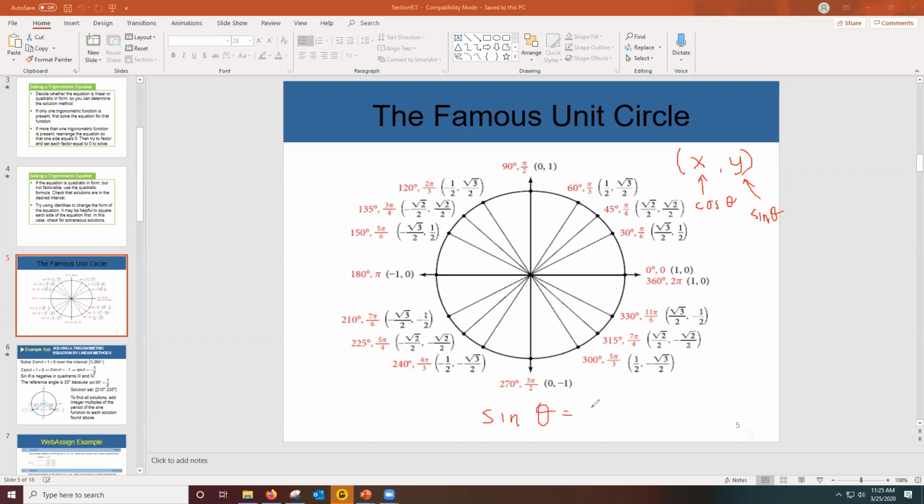So all I have to do to answer this question is go around the unit circle looking for where the y value is equal to -1/2, because the y is the sine of the angle. So let me do a little bit of a search here. I'm noticing here is a sine, a y value equal to -1/2. So I can see one answer is 210 degrees.